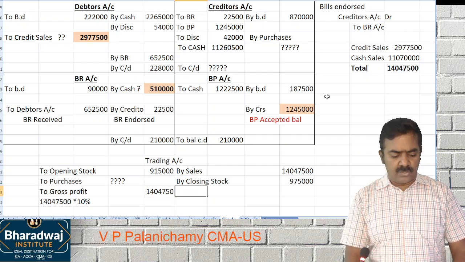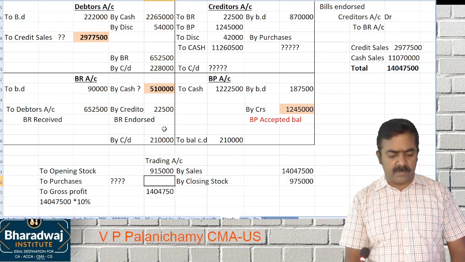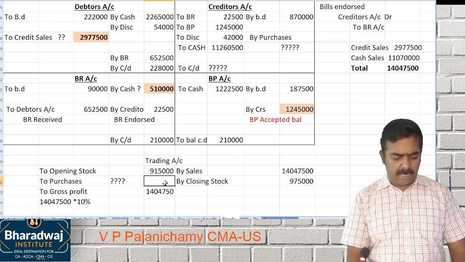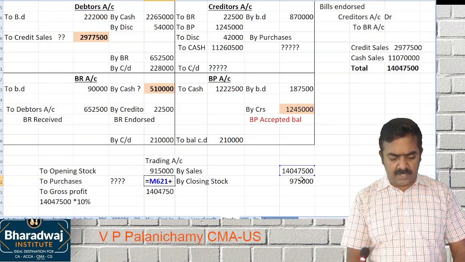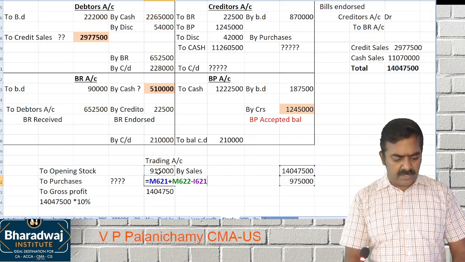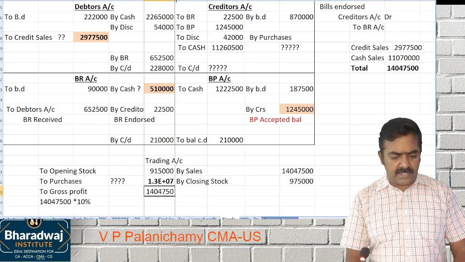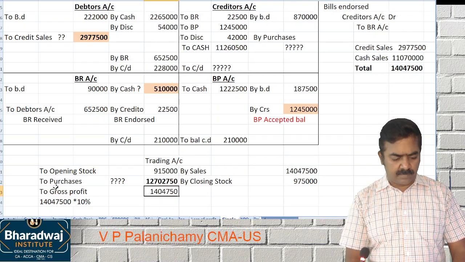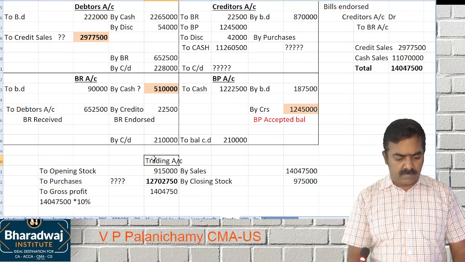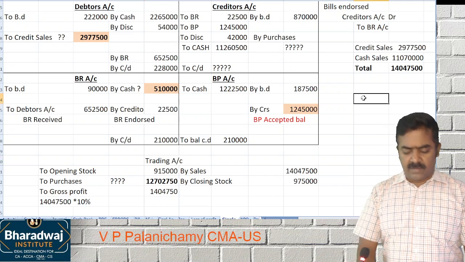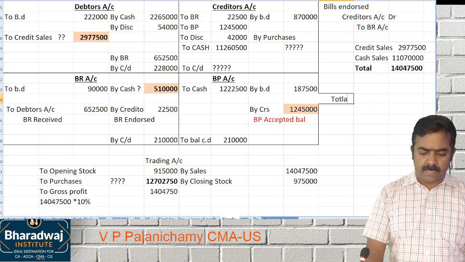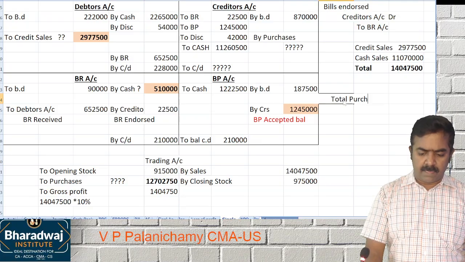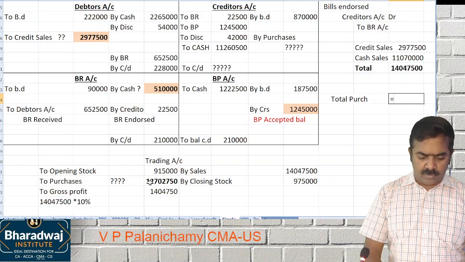So if we tally this as a balancing, we get purchases: sales plus closing stock minus opening stock minus gross profit will give us the purchases. What is the total purchases? This much, 1,27 lakh.